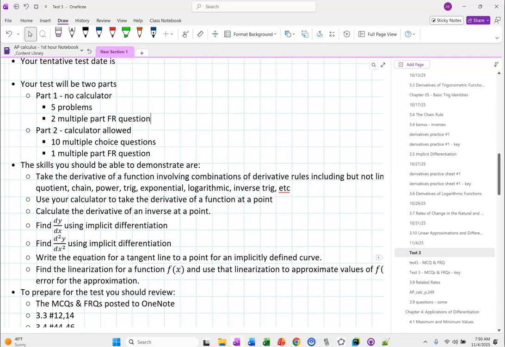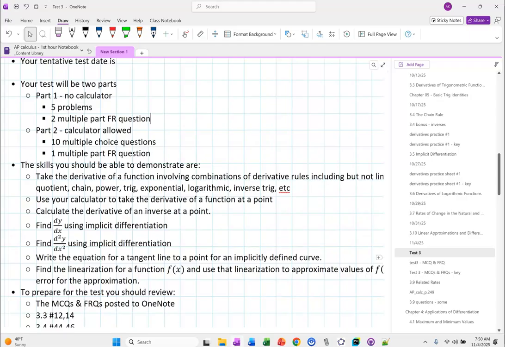If anybody finds anything, let me know, but I'm going to talk a little bit about test format for a bit. The test is in 2 parts. The first part is going to be like 5 problems. For the most part, that'll be like take the derivative of this thing.